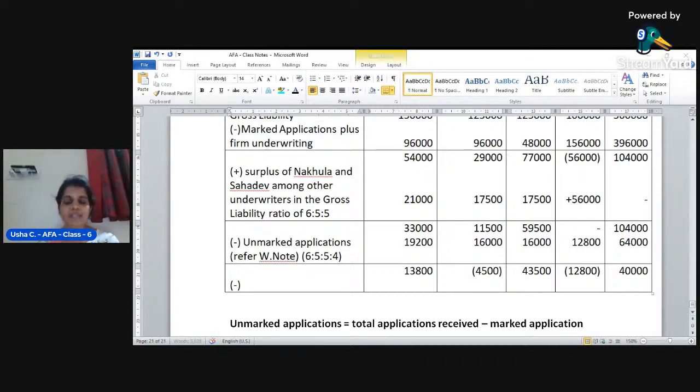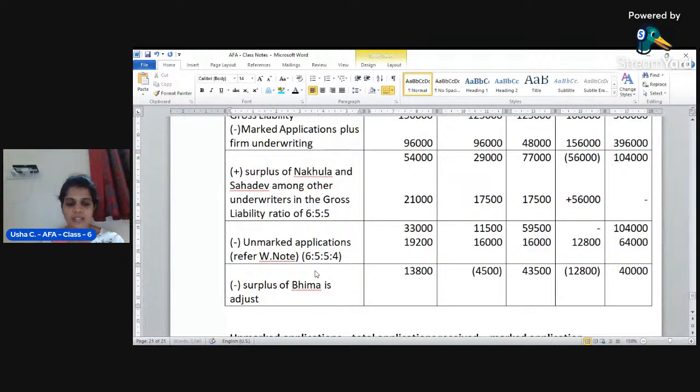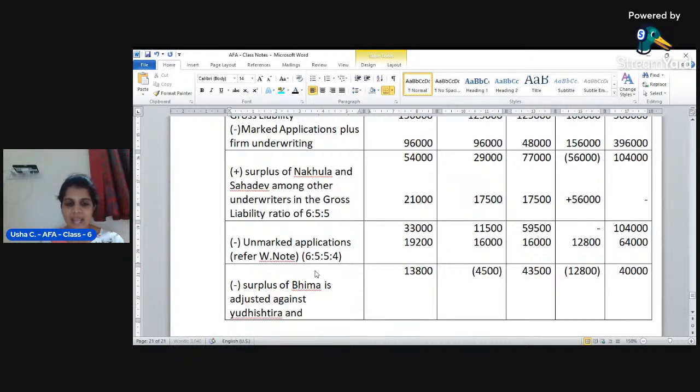Let us first adjust the second one, Bhima. Now the surplus of Bhima is adjusted against Yudhishthira and Arjuna, in the ratio where Yudhishthira's ratio is 6 and Arjuna's is 5.